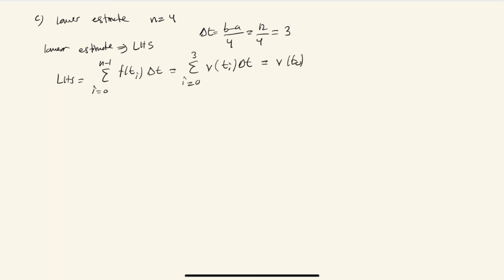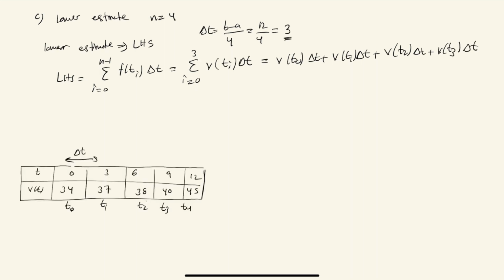Now let's expand the summation notation. It's going from t0, and the last term is going to be t3. Now, this is the table, and I already marked our delta t, and then I notated t0 to t4.